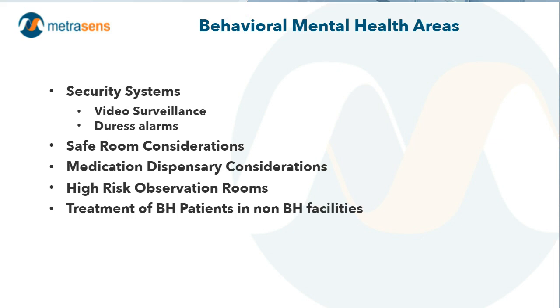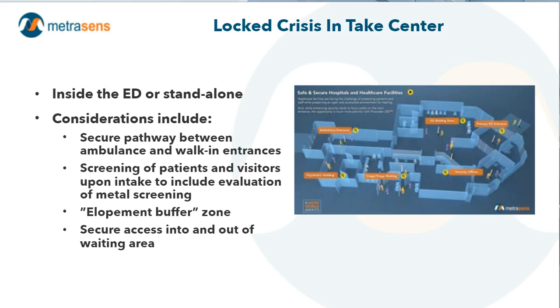Where can staff retreat to be provided a reasonable level of safety while help is on the way? Medication dispensary, there are some considerations there, high-risk observation rooms, and treatment of behavioral health patients in non-behavioral health facilities. There's some additional guidance for those areas in the new guidelines.